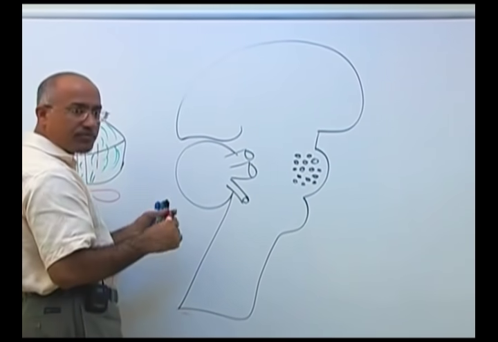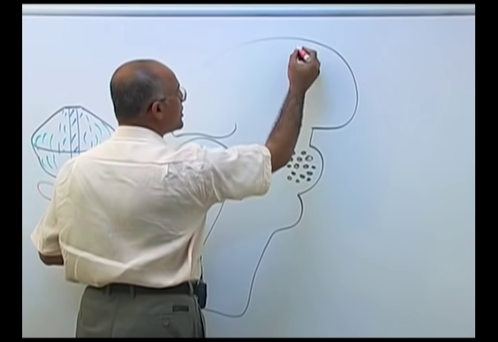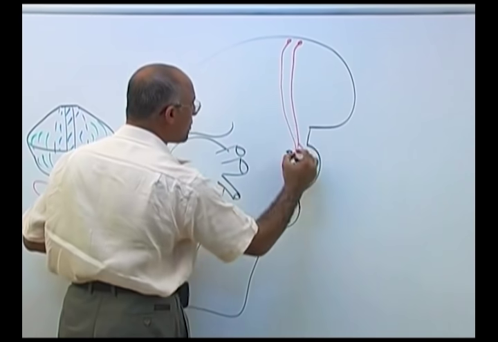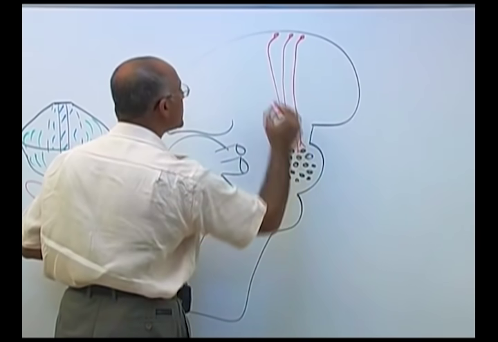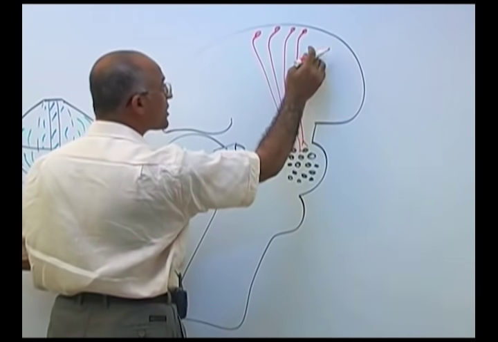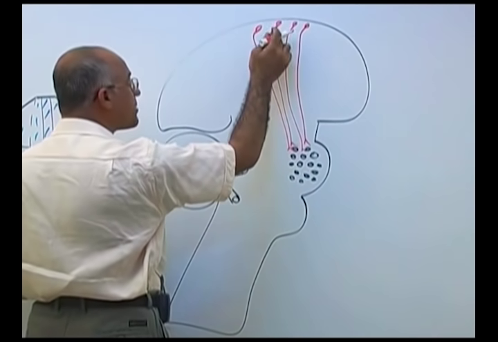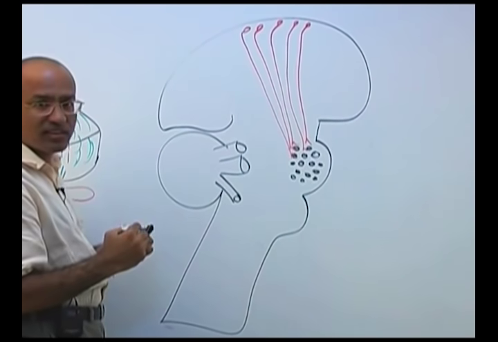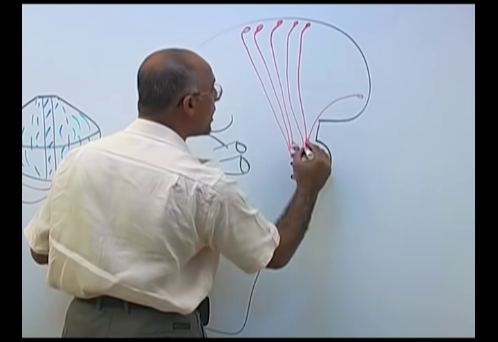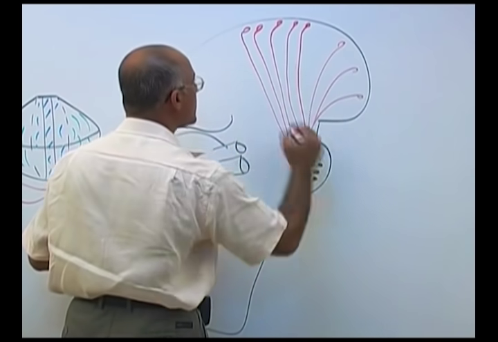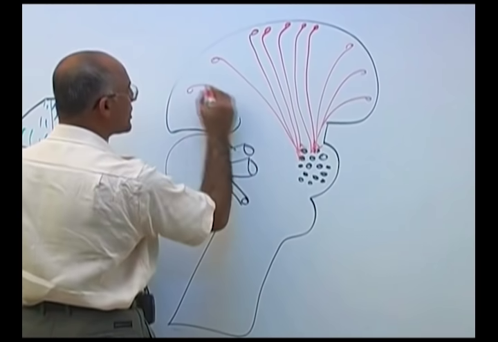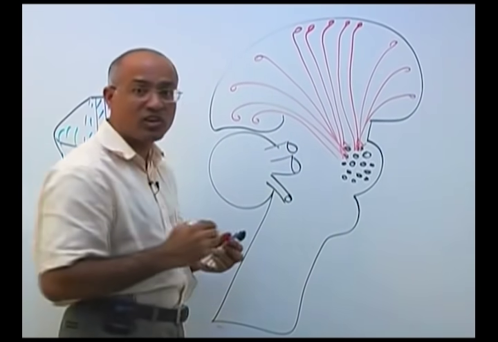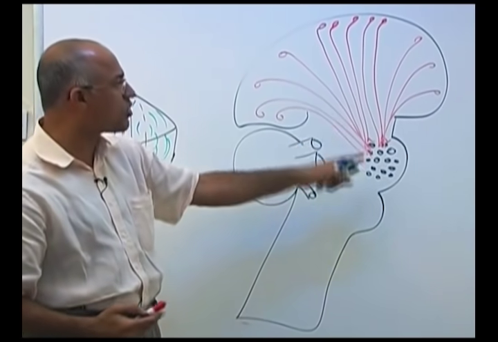From the cortex, especially the motor and sensory cortex, fibers come to the pontine nuclei: from the premotor area, supplementary motor area, primary motor area, somatosensory area, plus fibers from almost all regions of the cerebral cortex. All these fibers come to the pontine nuclei. We call them corticopontine fibers.